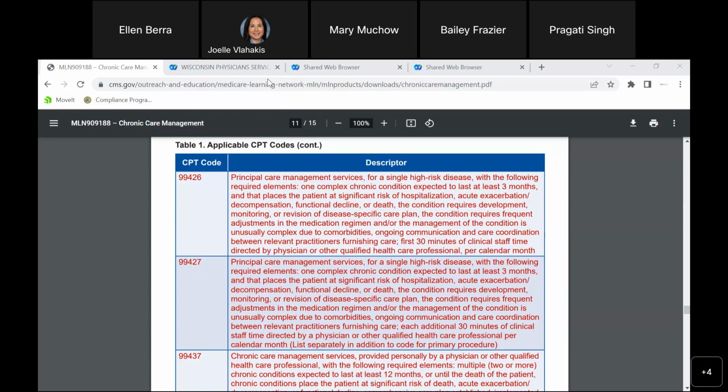The patient has to have access and have the care plan. So if you're talking to a beneficiary or to a patient and they're saying, I don't know how to get onto the portal, then putting it in the portal is not satisfying the requirements that we have for chronic care management services. You want to be handing a copy of that to the patient, or you want to be doing the education to help the patient to access that portal.